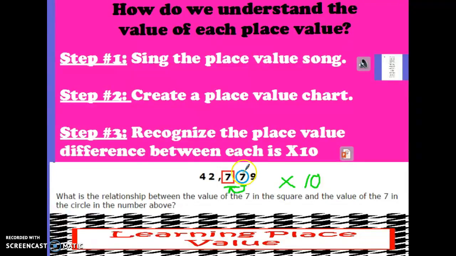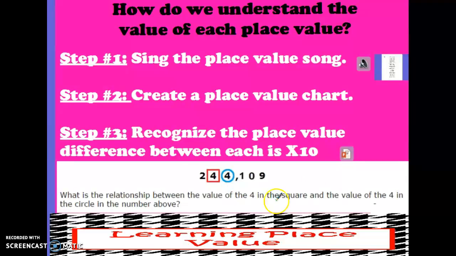So how much greater? 10 times greater. Pulling it out a little bit further in this example, the question says what's the relationship between the value of the 4 in the square, this red square, and the value of the 4 in the circle in the number above? 244,109. Well, if I pull this 4 out, the one in the square, I recognize that that 4 is actually worth 40,000.